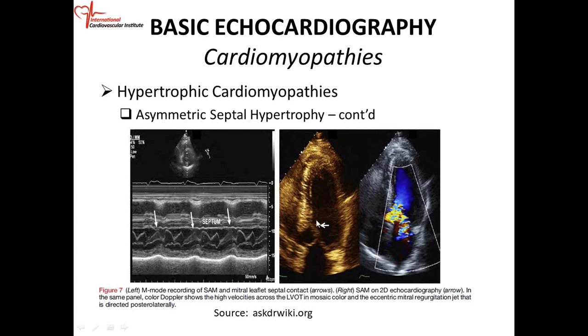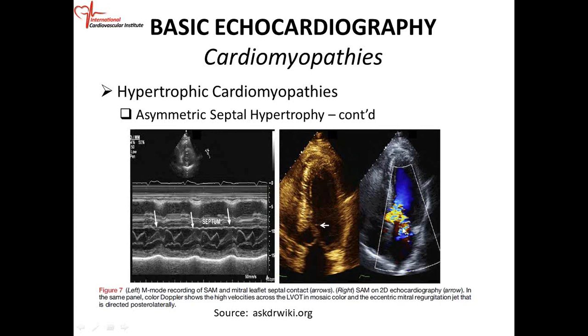So these patients are going to develop high pressures when you do your LVOT velocity and pressures. It's going to be increased because of this systolic anterior motion of the mitral valve, SAM. This is what we call SAM.